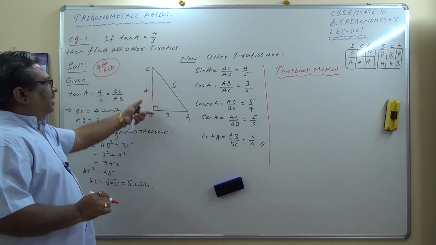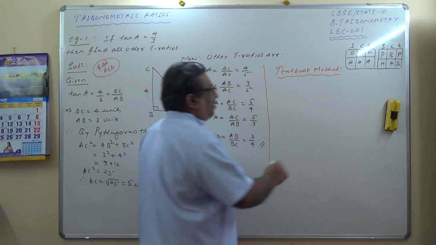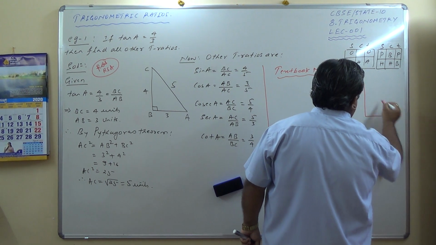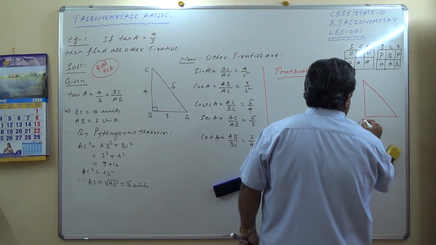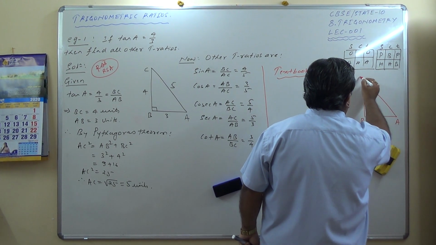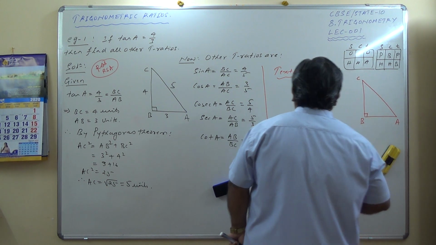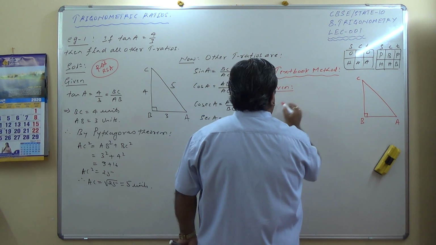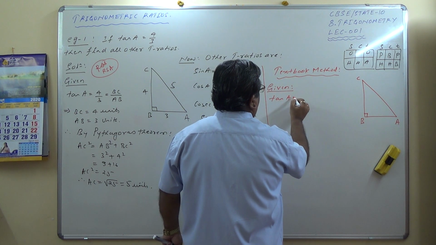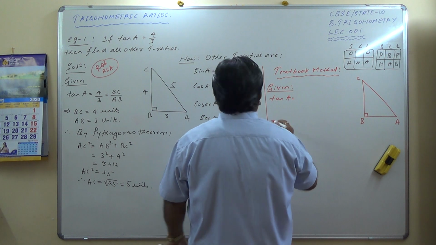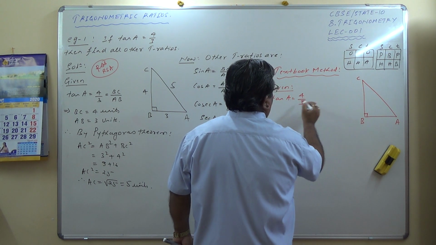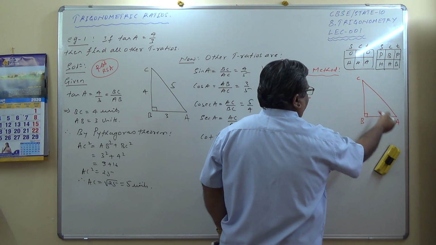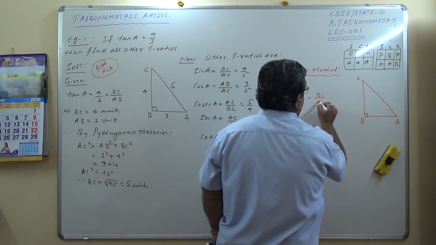Given the diagram as it is, or for your information, let me draw the diagram once again. Angle BAC. This is a right triangle. Given tan A equals 4 by 3, which means opposite by adjacent side, BC by AB.